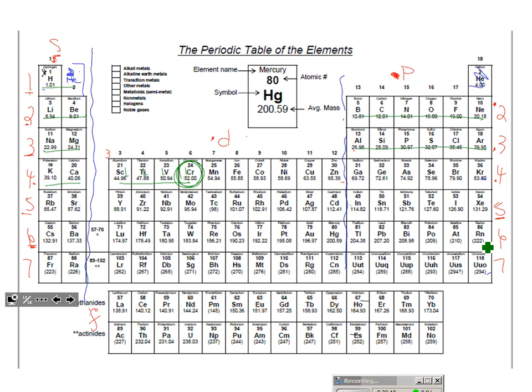So strontium is next. Strontium has 38 protons, and in a neutral atom, it has 38 electrons. So again, we start with electron number 1, 1s2, 2s2, 2p6, 3s2, 3p6, 4s2, 3d10, 4p6, 5s2.